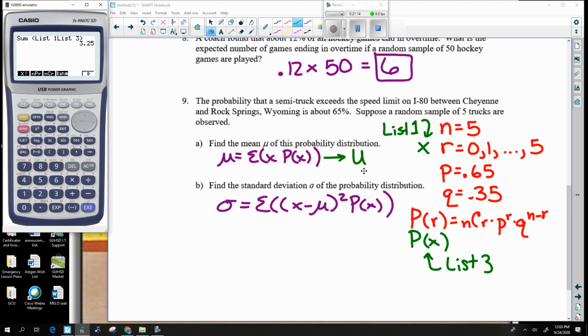What I'm going to do is I'm going to store that as the letter u, and then I'm going to get sigma. So that's going to be the sum, open, open, x minus mu, closed, squared, p(x), closed.